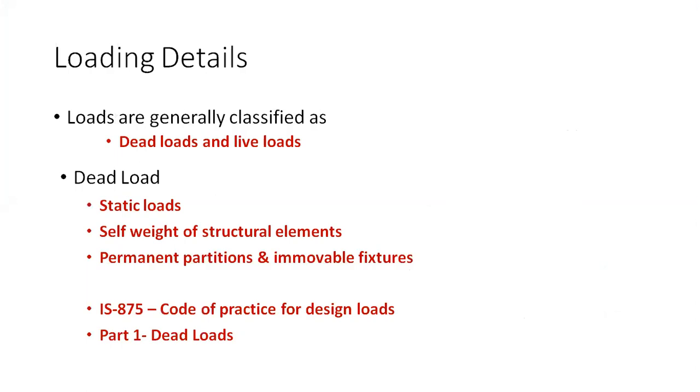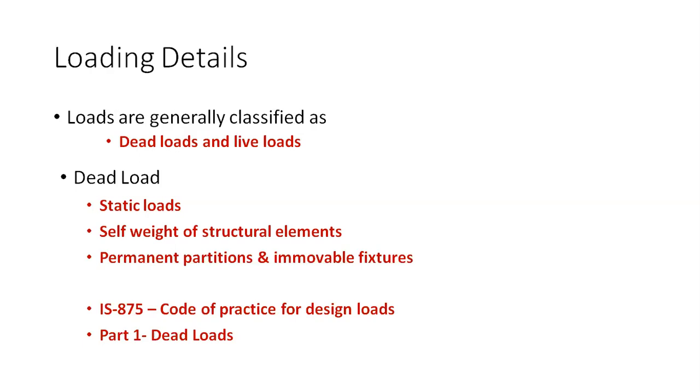Now, as I said earlier, in this introductory part, we will only discuss gravity loads. So here we will show you load calculations for gravity loads, which means dead load and live loads.